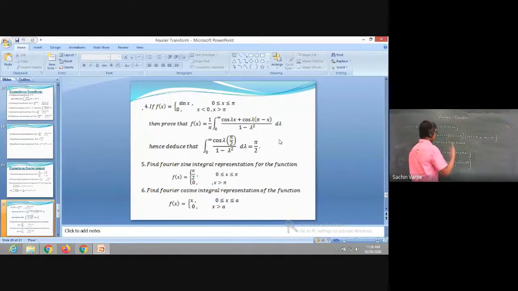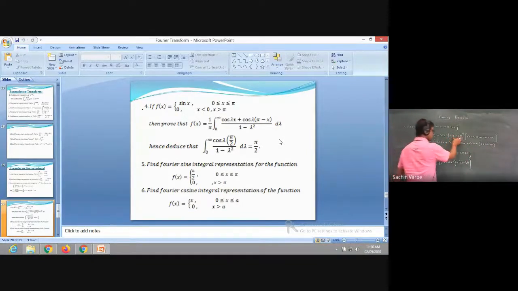Please tell me if I make any mistake in the calculation. So this bracket into cos of lambda x plus this bracket into i sin lambda x, so i into sin lambda x into 1 plus cos of lambda pi, all right?